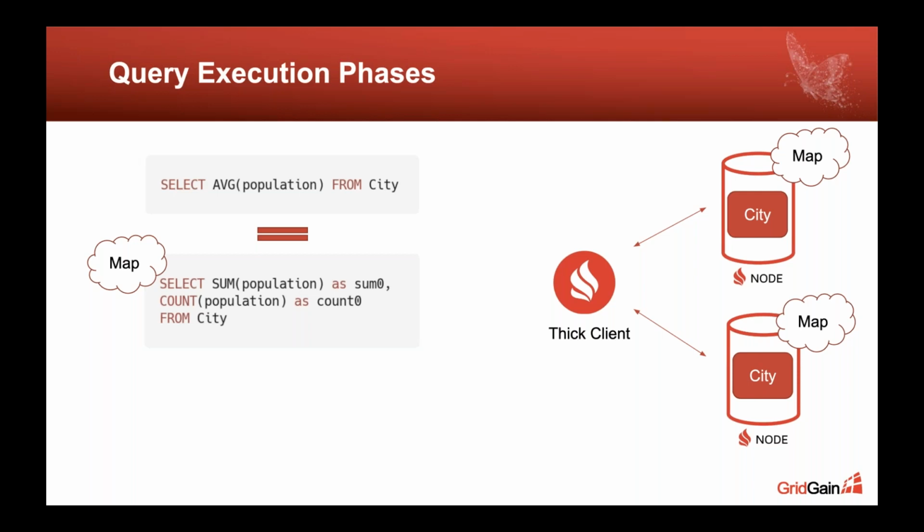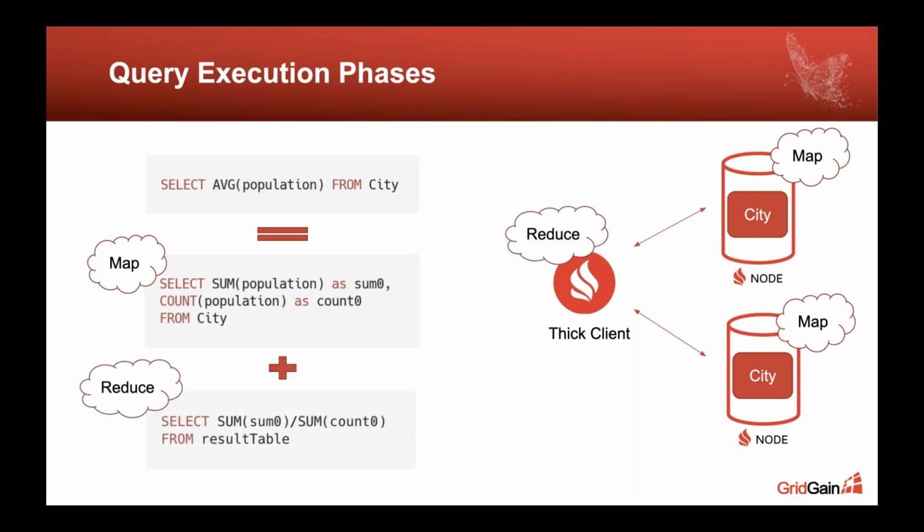This query will be transformed to the one you see on the slide. And then this query will be executed locally on those both cluster nodes. After those nodes complete the execution of that query, they will respond to your client, returning their part of the result set.